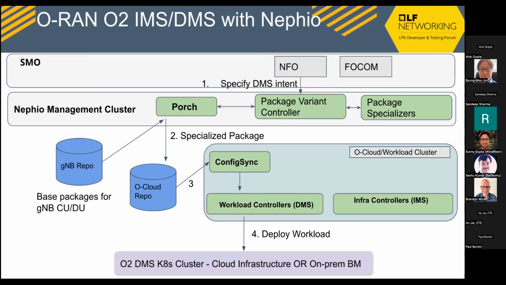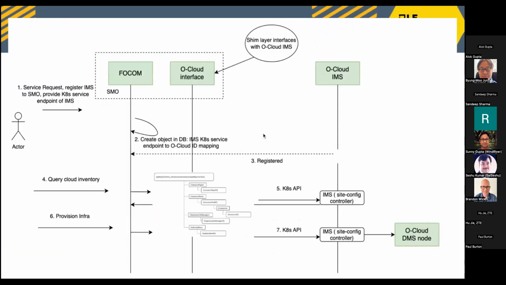For this question, I had created a backup slide. This is how it could be. O2 IMS I showed as this green box; let's imagine that it is Nephio altogether. From FOCOM, there is this extra layer that I have put, the OCloud interface.